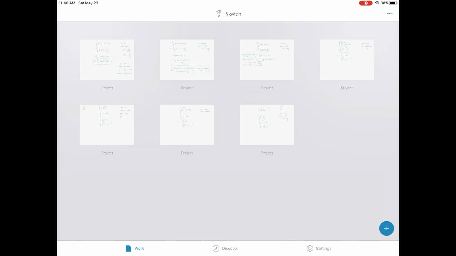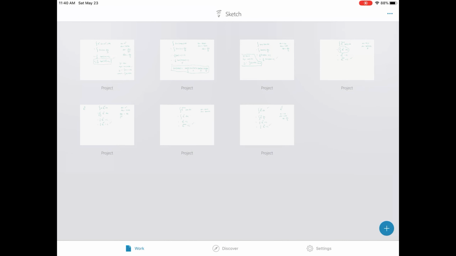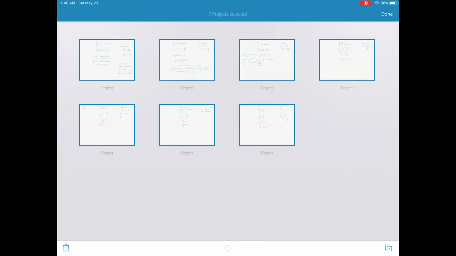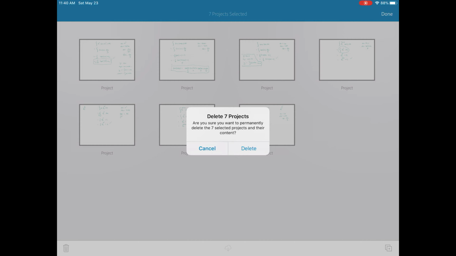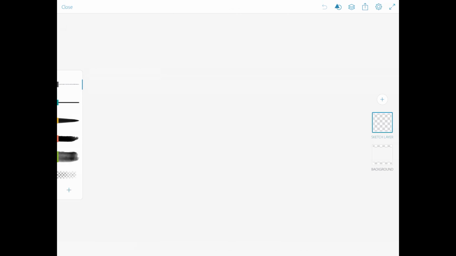And I forget how many we've done, but we've done quite a few. Let's select the projects, 1, 2, 3, 4, 5, 6, 7. Delete them. I hate getting too many problems backlogged. All right, so let's take a look at more.